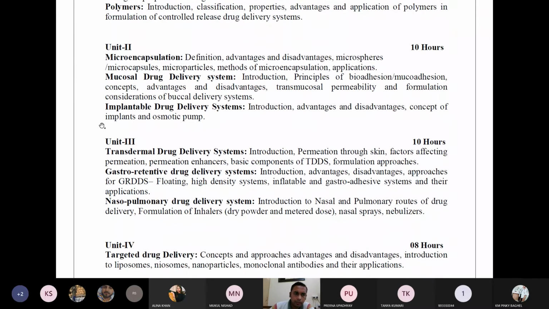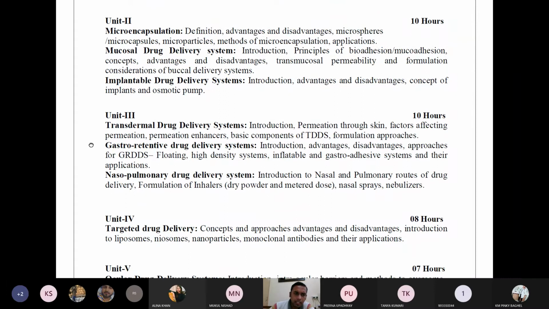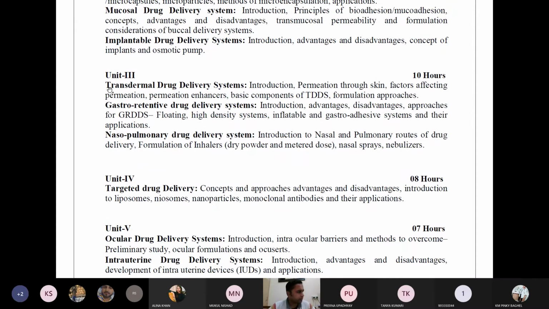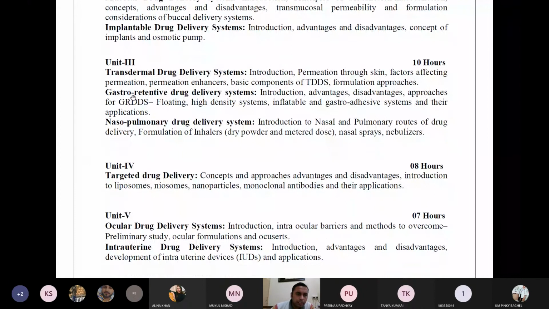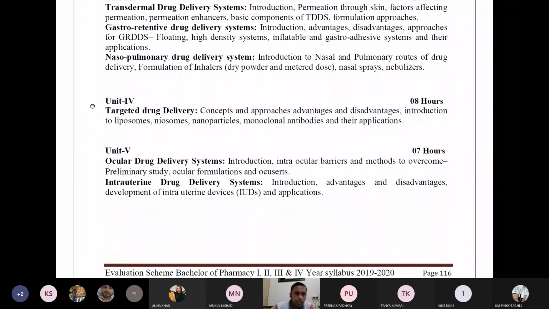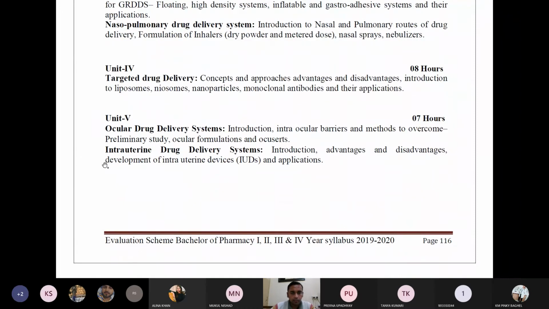Unit 3, mucosal drug delivery, then implantable. I am taking a lecture. And in Unit 3 we shall see transdermal, gastroretentive, nasopulmonary. Okay. And Unit 4, targeted drug delivery. And Unit 5, ocular and intra-uterine drug delivery system.